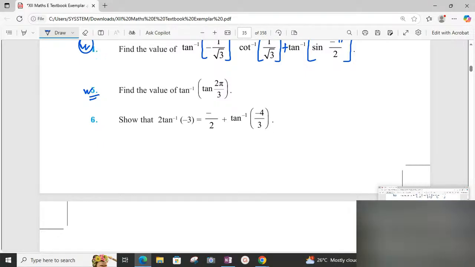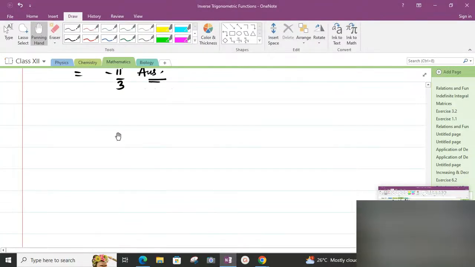Let's see question number 6. 2 tan inverse minus 3 equal to minus pi by 2 plus tan inverse minus 4 by 3. In this question, we are asked to prove this. So we work from LHS and RHS. So let's see the solution of this question.